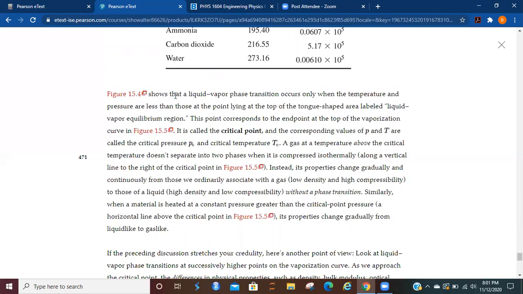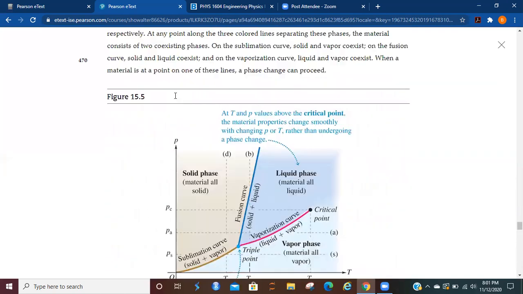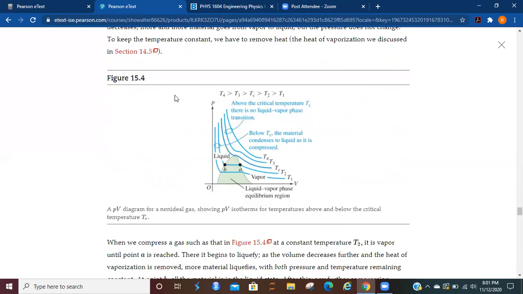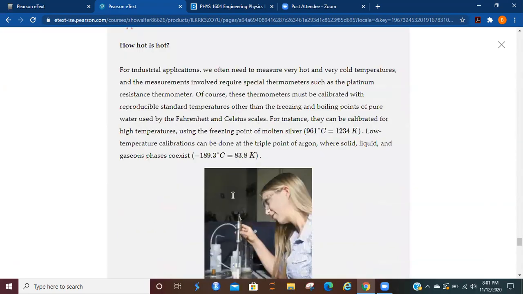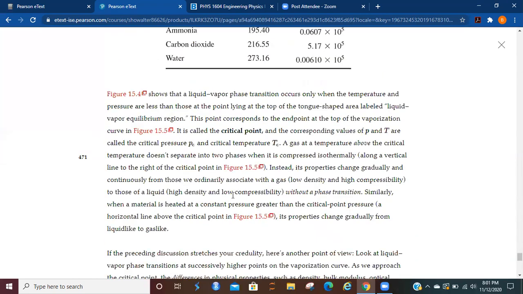So figure 15.4, which I believe was right here, shows that a liquid vapor phase transition occurs only when temperatures and pressures are less than those at a point lying at the top of the tongue-shaped area labeled liquid vapor equilibrium region.